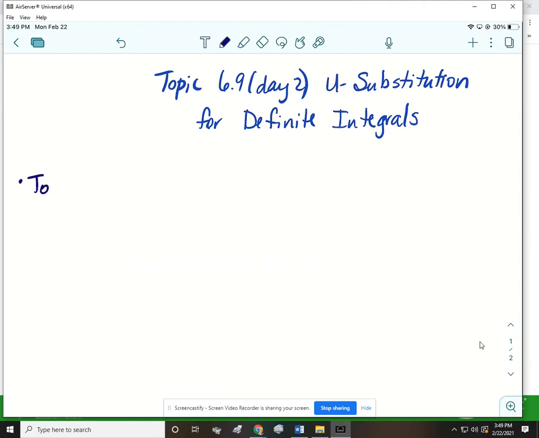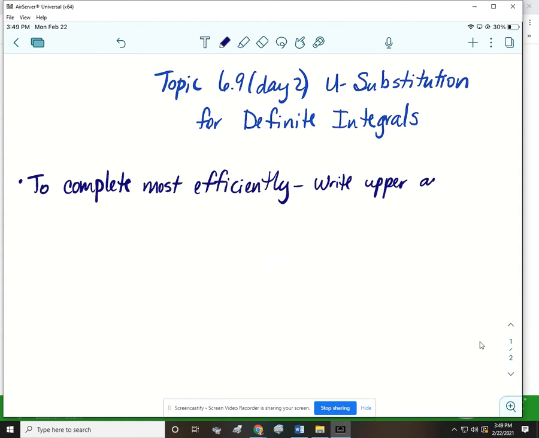So to complete most efficiently, we always like to be efficient. What we'll do is write the upper and lower limits in terms of u.